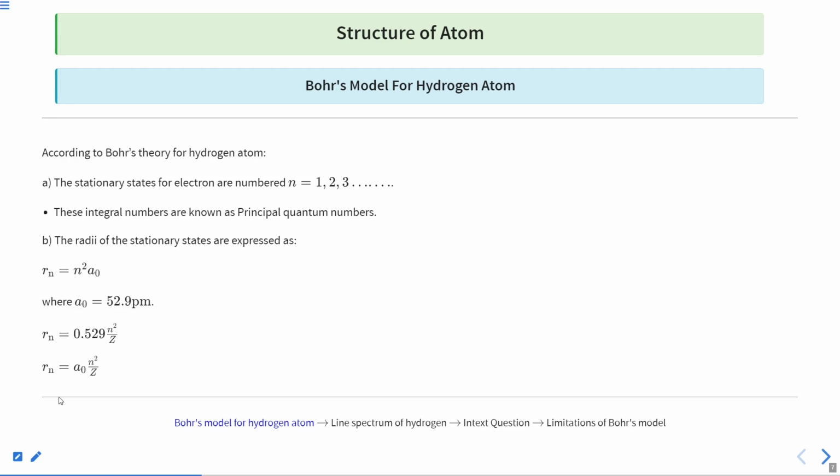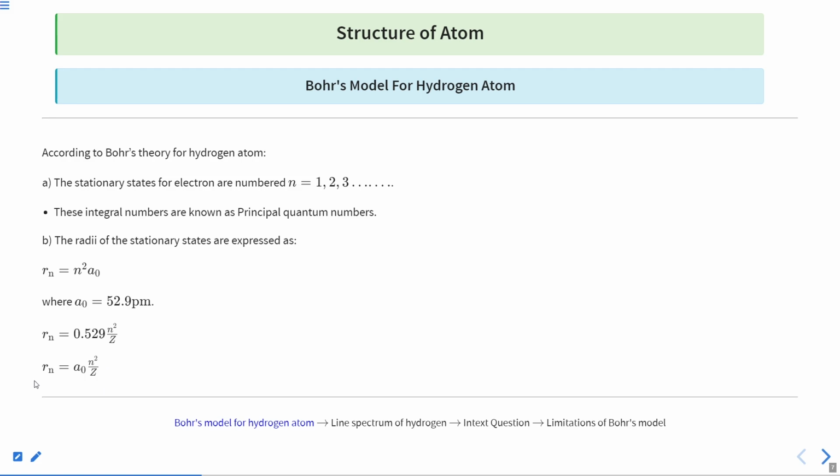This z is very important. Here we have not taken the z value because this is for hydrogen. When we take it in general, the system must be uni-electron, it cannot be multi-electron. But we can create ions like He plus or Li2 plus, so in that way we have placed this formula.